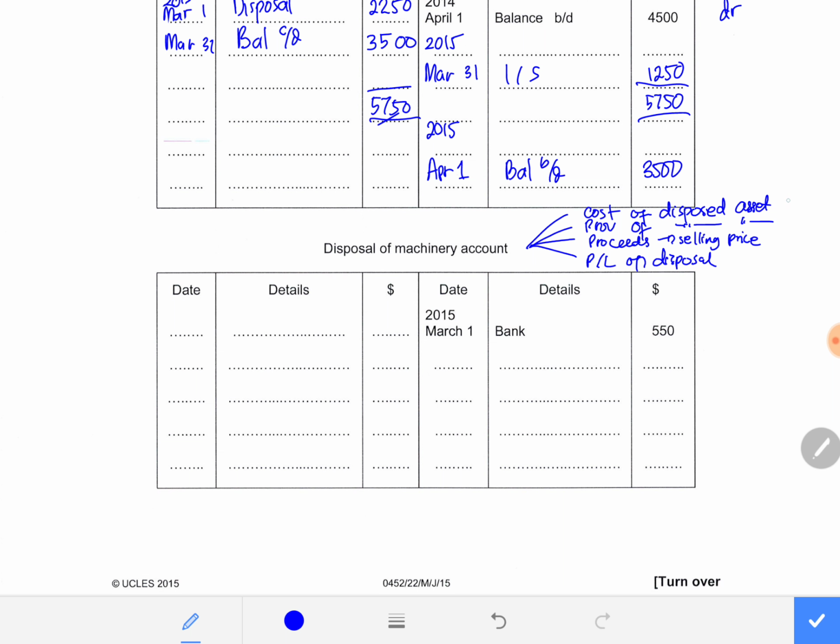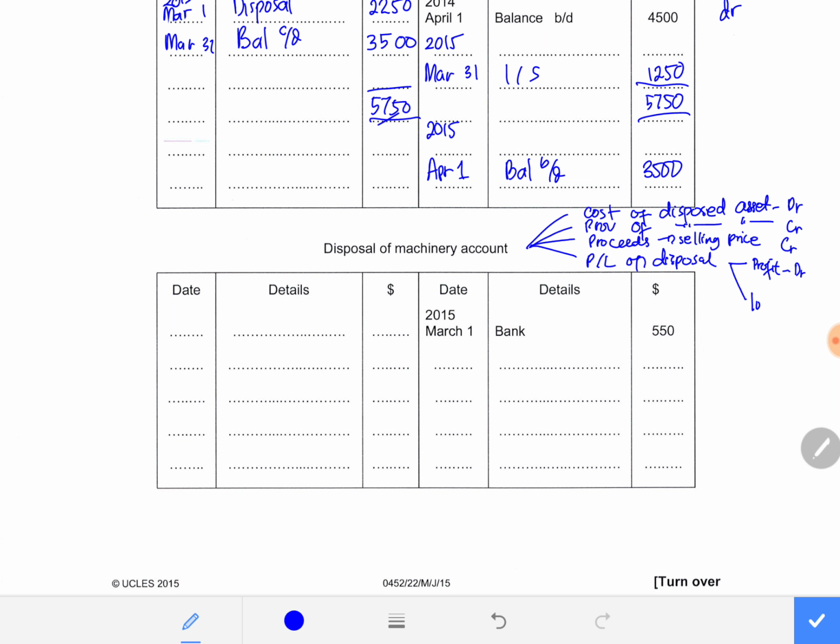Cost of disposed asset would be in the debit side. Provision is in the credit side. Proceeds is in the credit side. Profit or loss, it depends. If it is profit, it will be in the debit side.